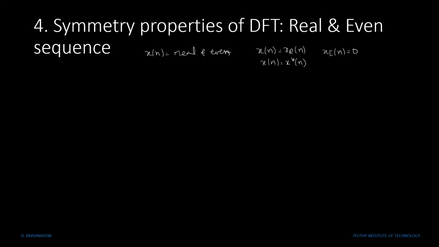So if we take an example, like we know that in even sequences, let us say all ones, this is an even sequence. This is an odd sequence. I've just taken an example.